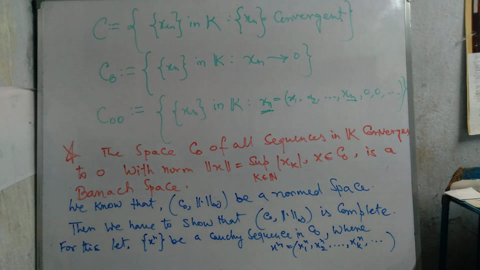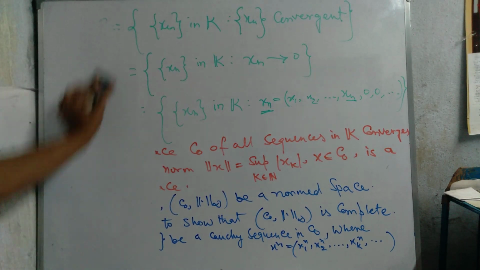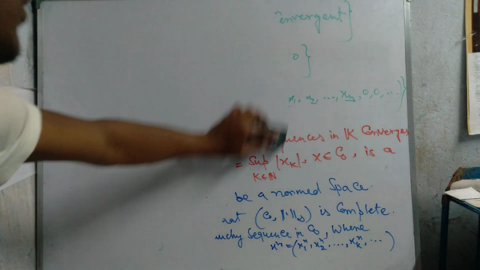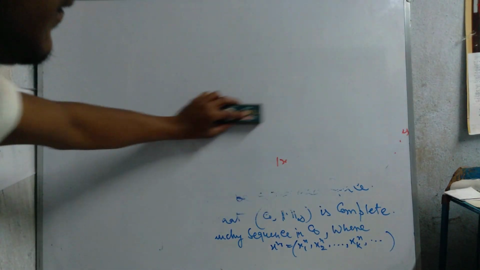This one is xn. Any problem? Not a problem at all. Now we also take this xn to be a Cauchy sequence. So what happened after that? Okay, we write now what happened.